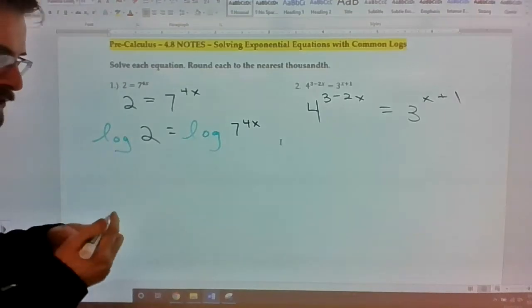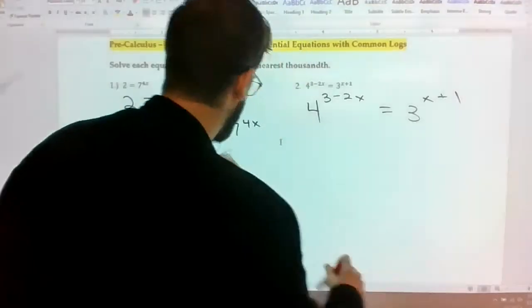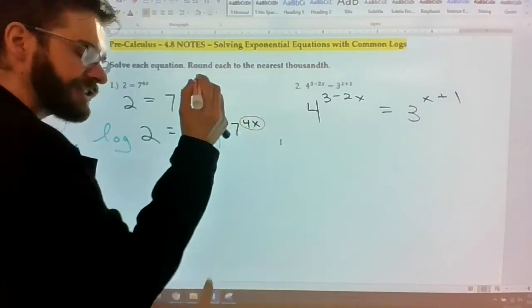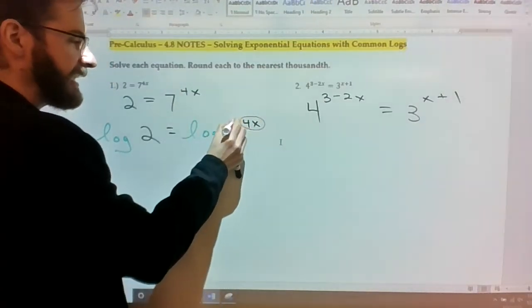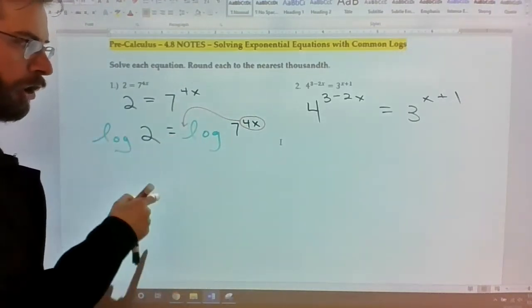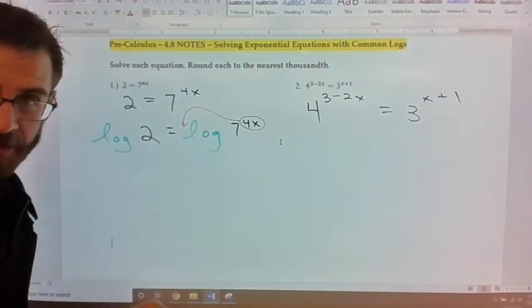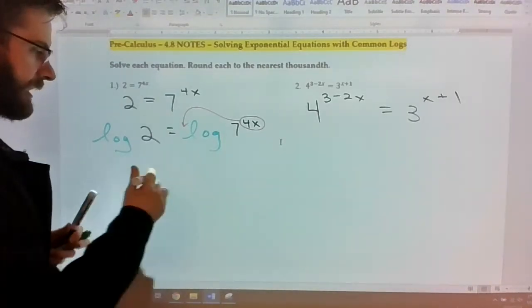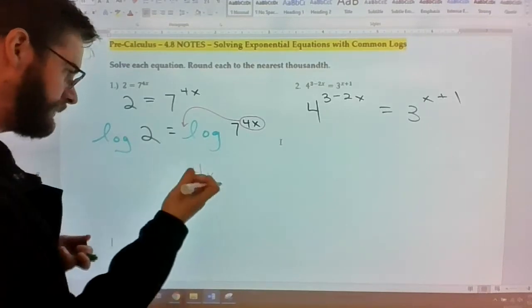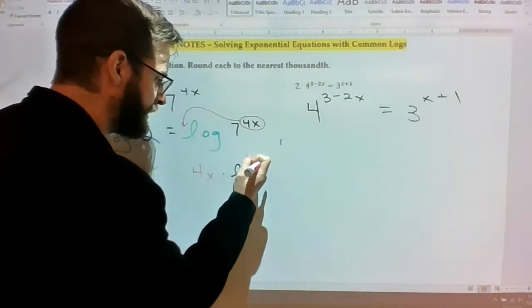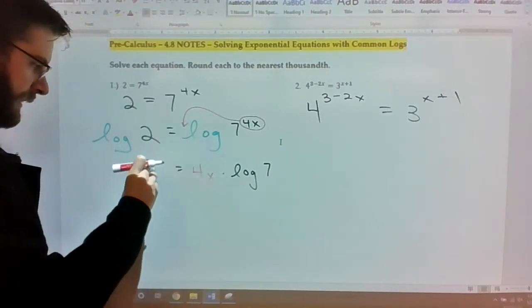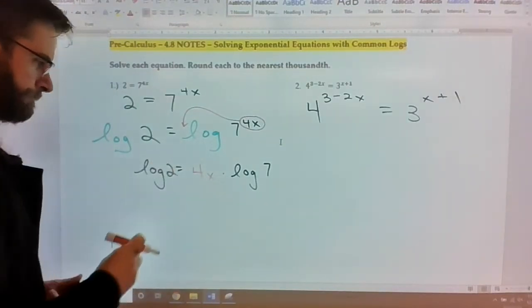So now, by doing this step, this little 4x takes on the property that I can now bring that and act as a coefficient to log of 7. So now I've got 4x times log base 10 of 7, that equals the log base 10 of 2.